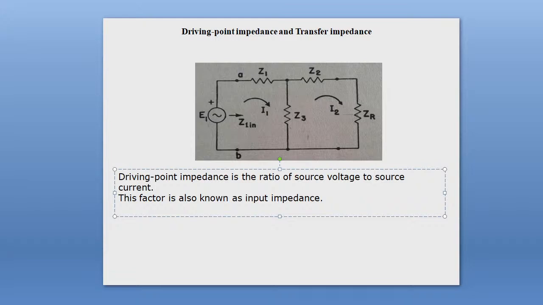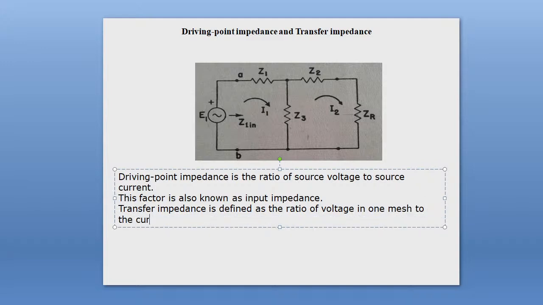Now let me tell you what is transfer impedance. Transfer impedance is defined as the ratio of voltage in one mesh to the current in another mesh.